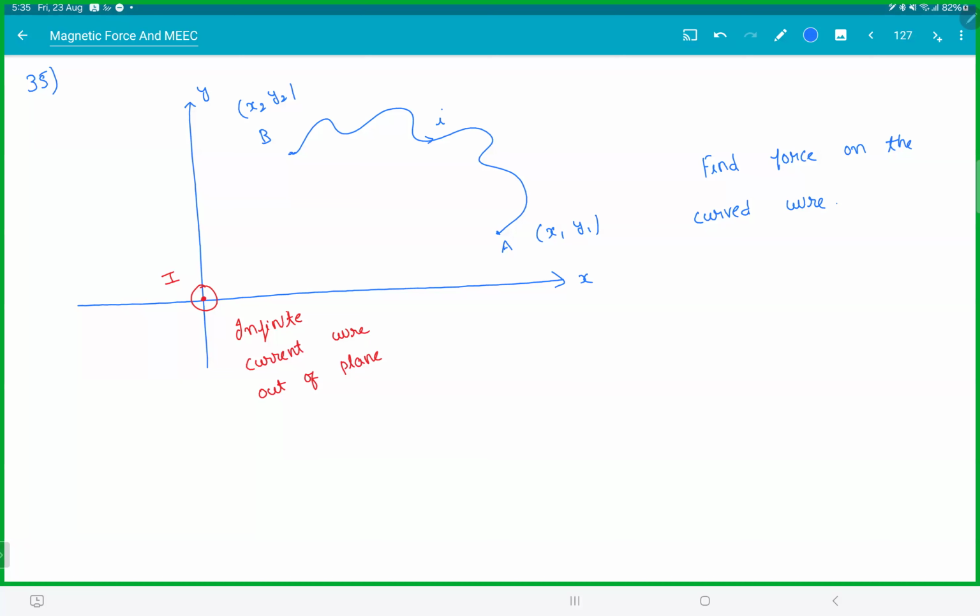Think about it. When can you use effective length? Whenever you say projected length, first ask yourself, when did you use it? When force per unit length was constant. Prove here also force per unit length is constant.